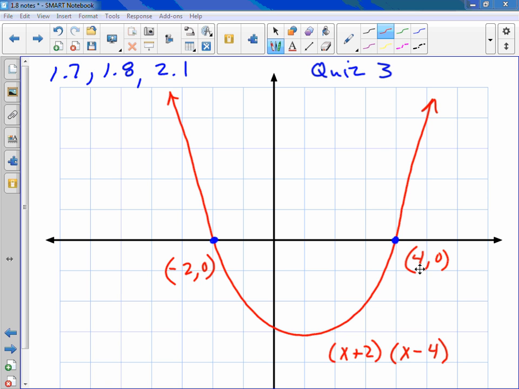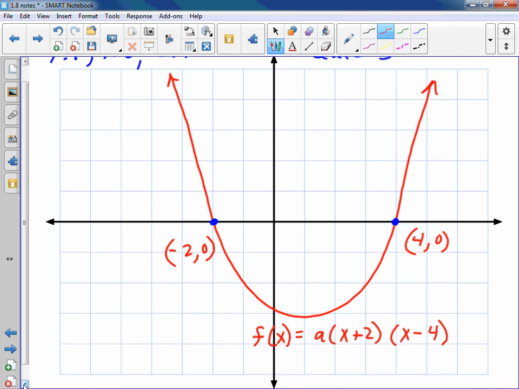Again, changing the sign. So we'll say f of x equals some value of a times x plus 2 times x minus 4.